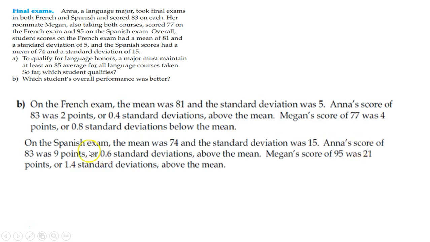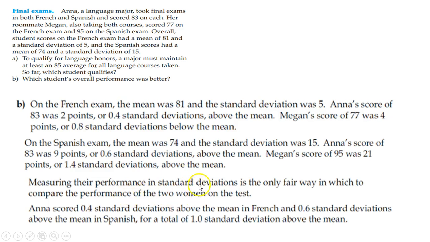Anna's score of 83 was 9 points, or 0.6 standard deviations, above. Megan's score of 95 was 21 points, or 1.4 standard deviations, above the mean. Measuring their performance in standard deviations is the only fair way to compare the performances of the two women on the tests. Anna scored 0.4 standard deviations above the mean in French and 0.6 in Spanish, for a total of 1 above the mean.